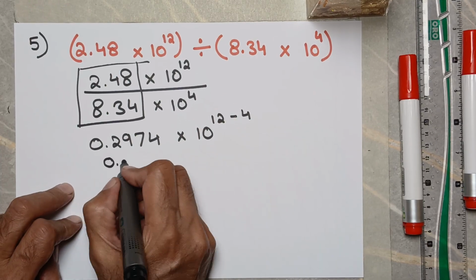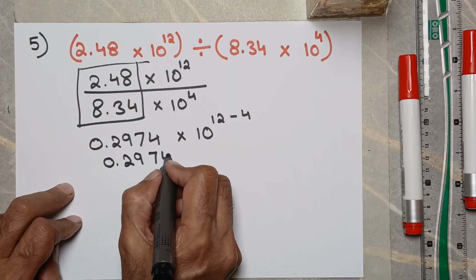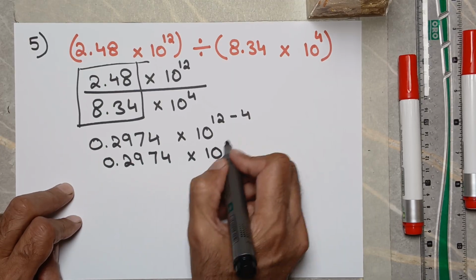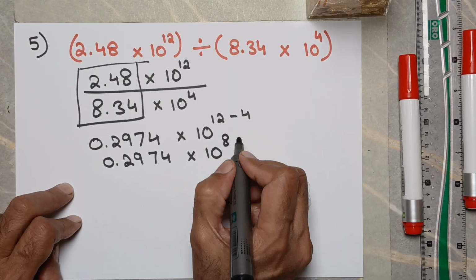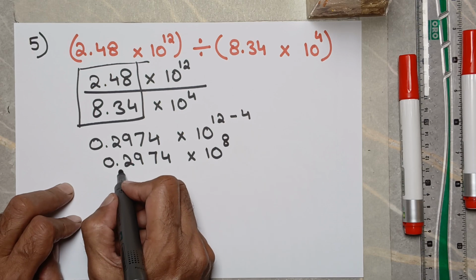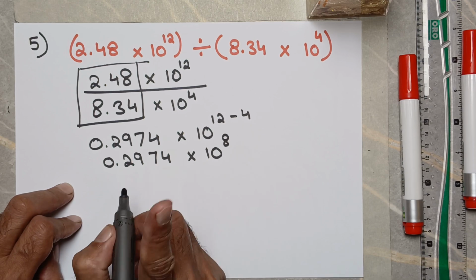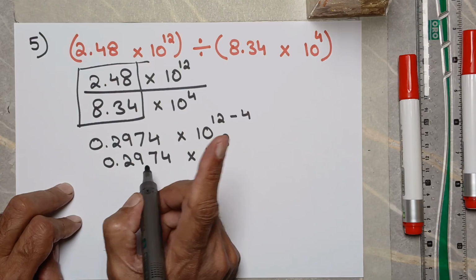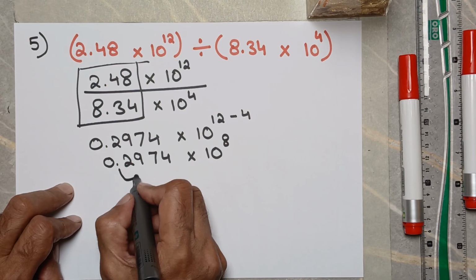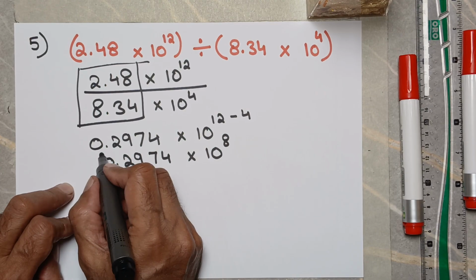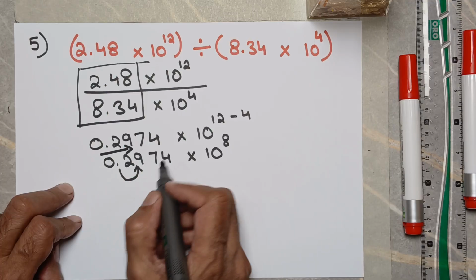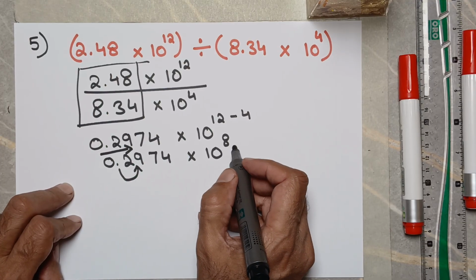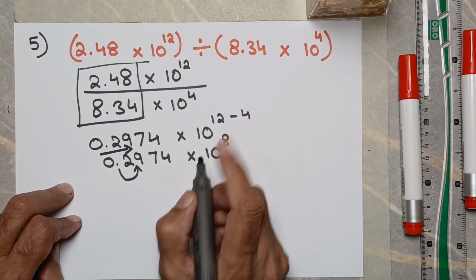Now 0.2974 times 10 raised to the power 12 minus 4, that is 8. Now shift this decimal in order to make it one significant figure between 1 and 10. So when you move towards the right side, you are going to reduce the exponent one time.